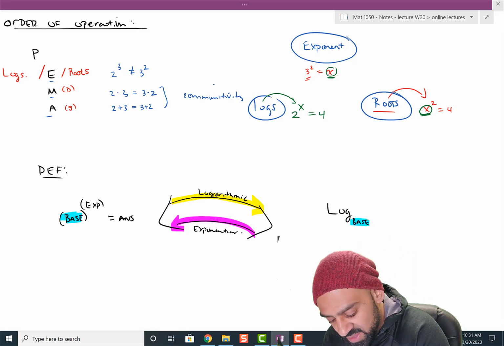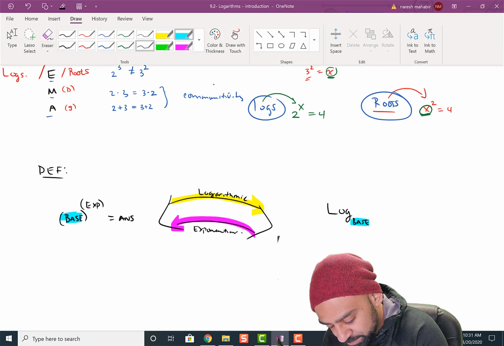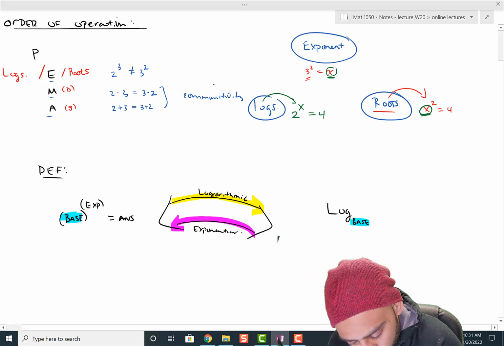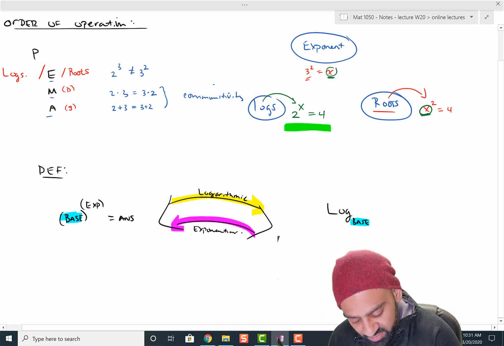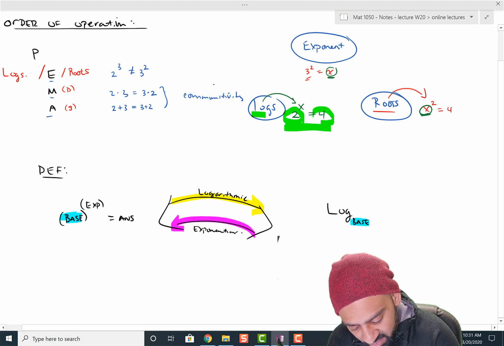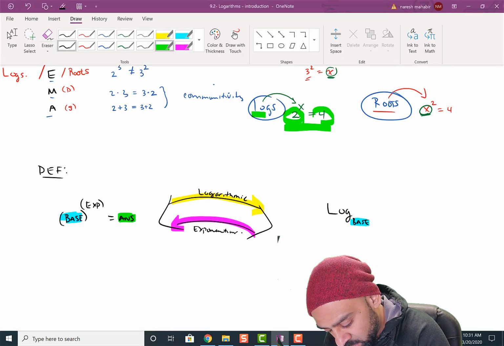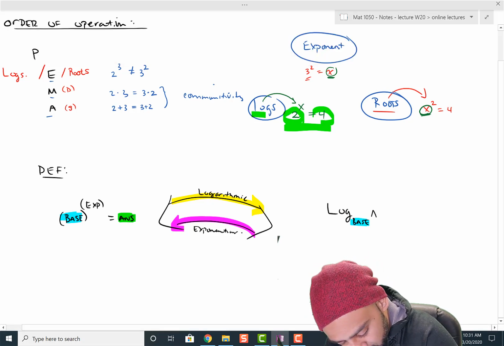Remember, before when we were talking about logs, we said we use logs to solve it when we have the base and we have the answer. So now let's look at the answer. The answer is actually written as the log, which is right here on the same line.